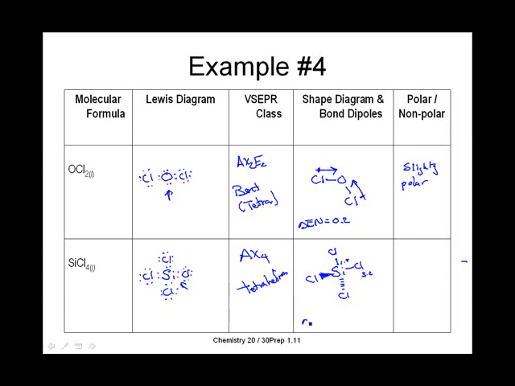So it's going to be a difference in electronegativity of 1.3. So all of the polarities are pulling out towards the chlorines, but because they're all on corners of a tetrahedron, they're all going to cancel, and so we're going to end up with a nonpolar molecule.